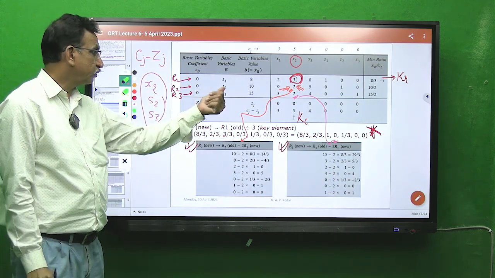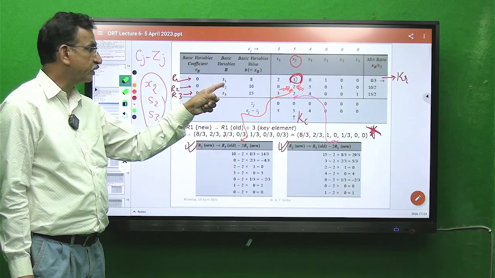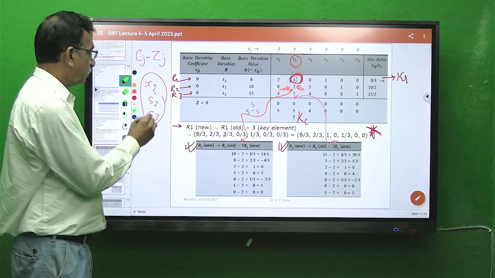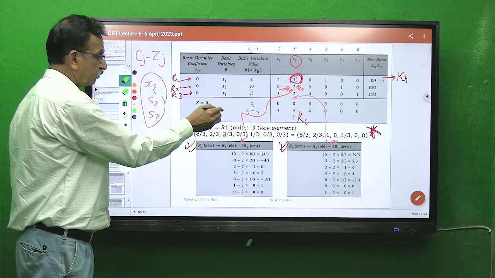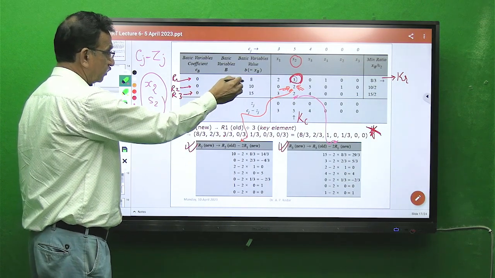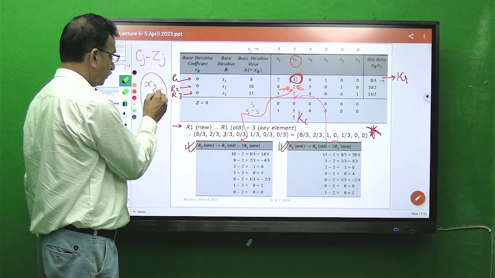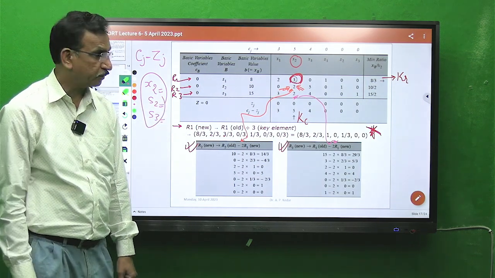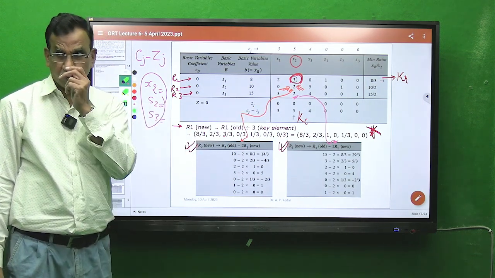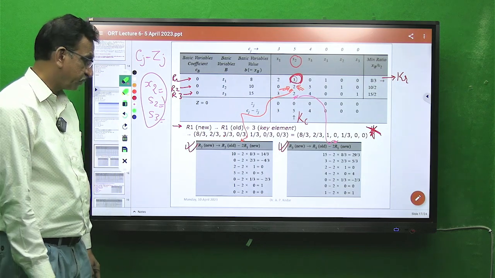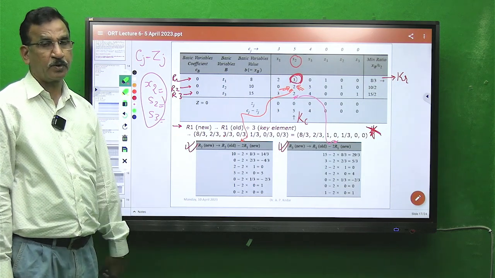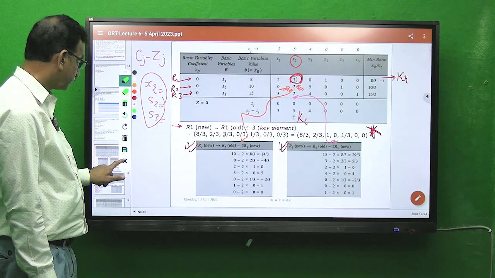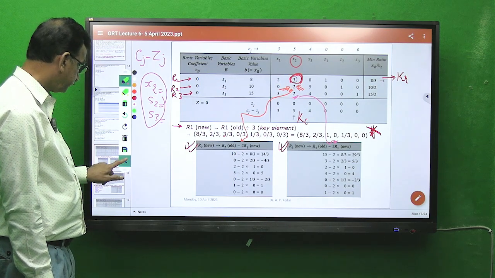We will find these values because s1 will be replaced by x2, and our new values will be: x2 will be equal to the given B quantity, S2 will be the given B quantity, S3 will be the given B quantity. So accordingly we will get the second simplex table, and again we will find the values for the second simplex table.